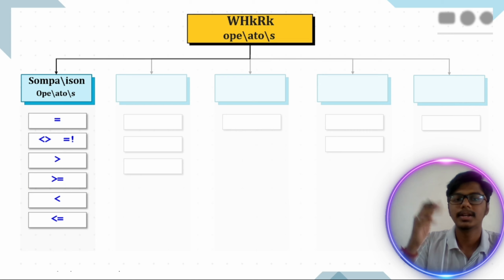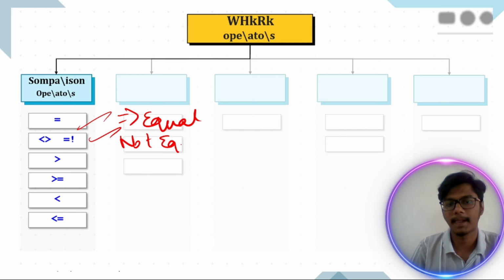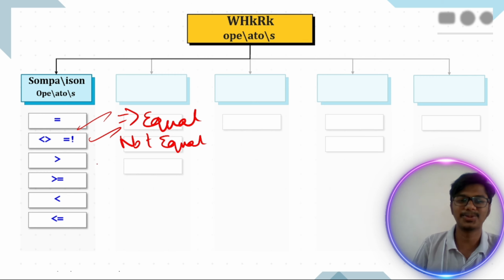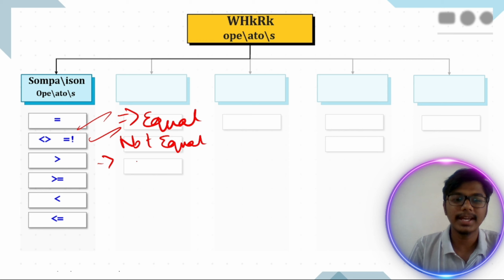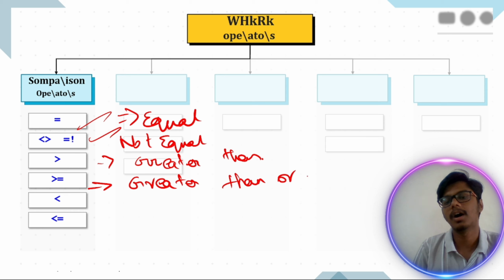Let's get into the comparison operator. In the first comparison operator, we are going to discuss equal and not equal. Let me write it here: equal, not equal. My handwriting is slowly improving using the pen tablet. Okay, greater than, greater than or equal to.